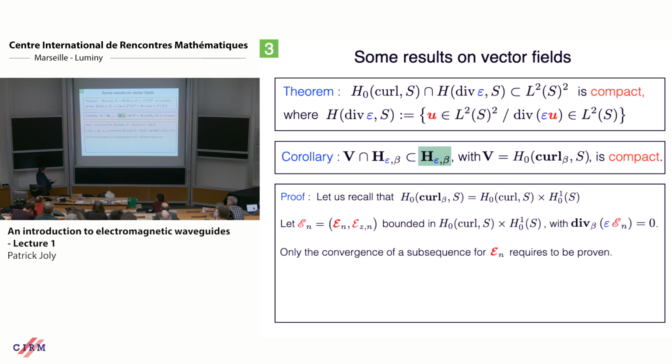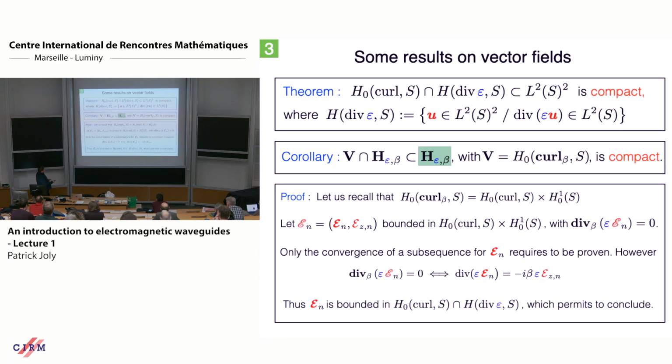But you have to use the free divergence condition, which means that divergence epsilon un is given by this. But since this is bounded, divergence epsilon un is bounded. So if this is bounded in H0 curl and the divergence epsilon is bounded, it means that you are bounded in the space here. And because the space is compactly embedded in L2, you conclude.